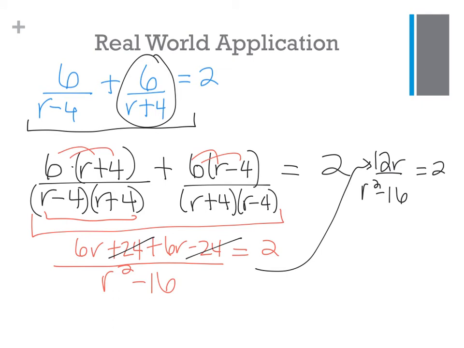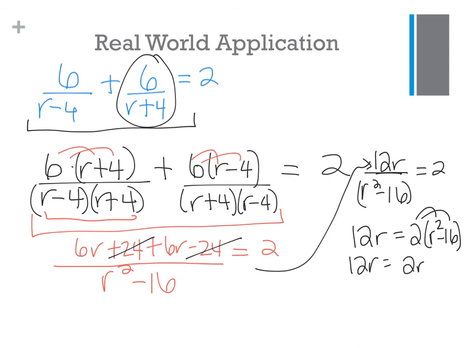Since I'm dividing by r squared minus 16 here, I could multiply both sides by r squared minus 16. And on the right side, I would end up with 2 times r squared minus 16. Now if I distribute the 2, I get 12r equals 2r squared minus 32.